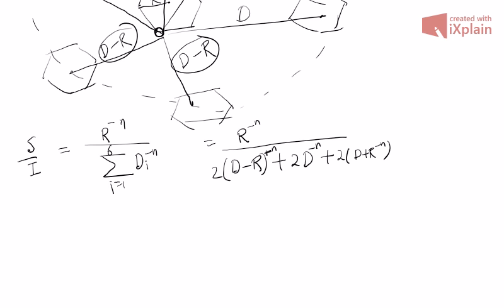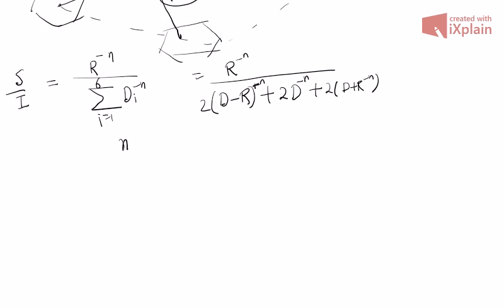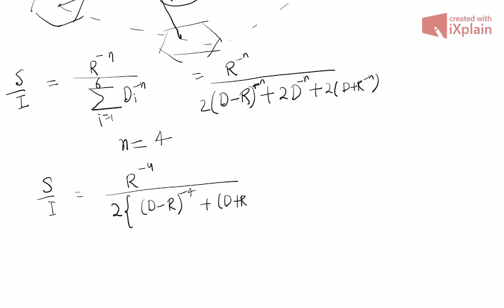Now we will again study this in large scale fading, that for various ground reflection cases n is equal to 4. So I can write S over I as R to the power minus 4 divided by 2 times (D minus R) to the power minus 4 plus (D plus R) to the power minus 4 plus D to the power minus 4.